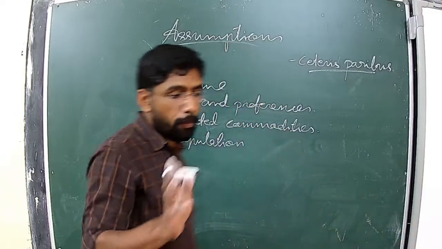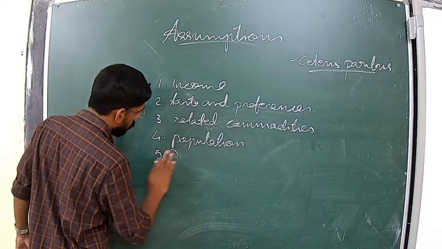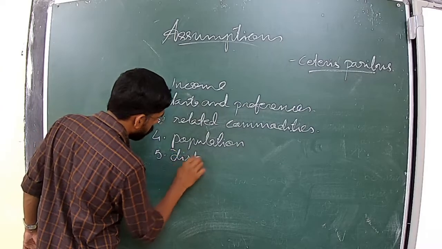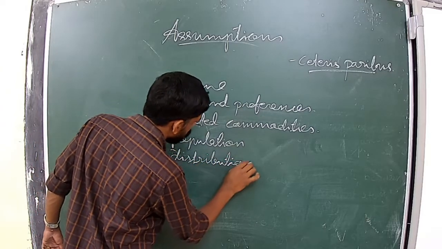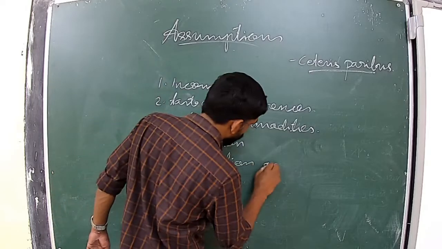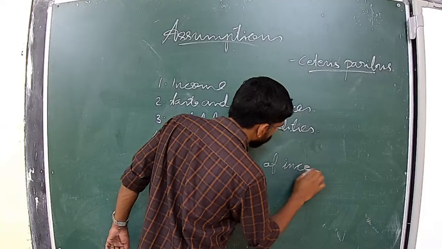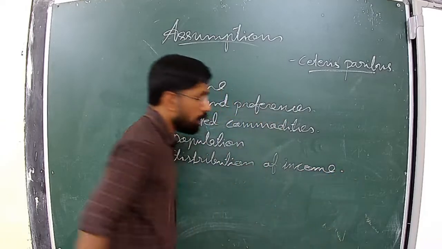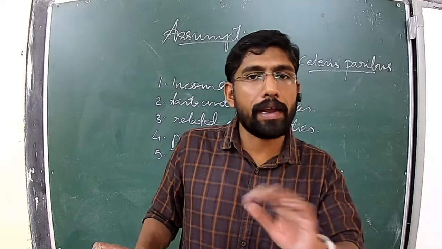Then distribution of income. Distribution of income means how equal or unequal the distribution of income is.